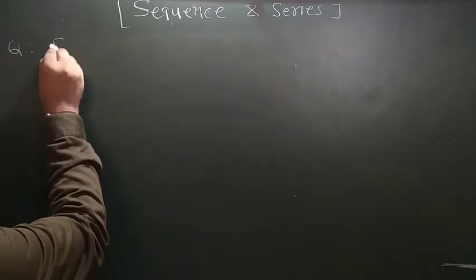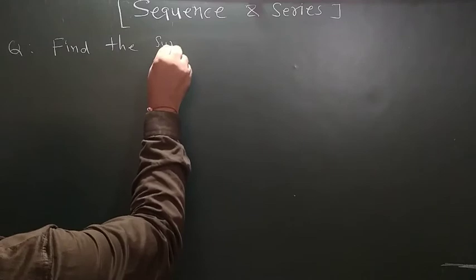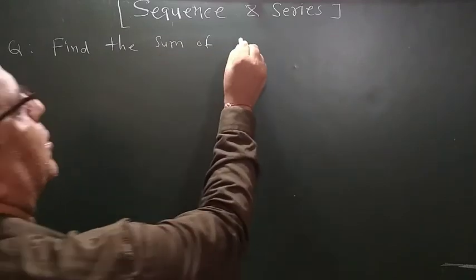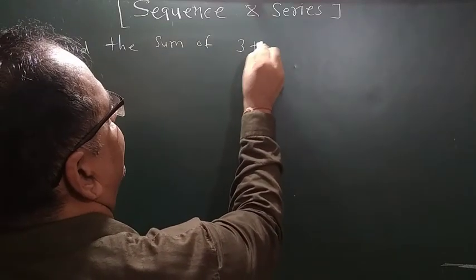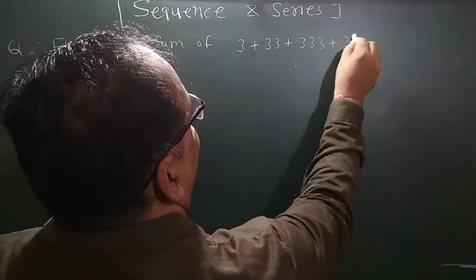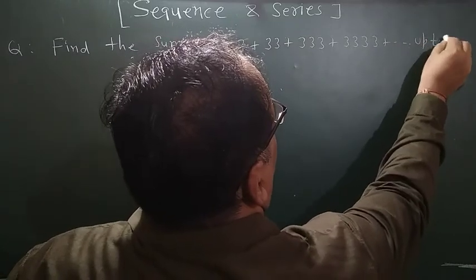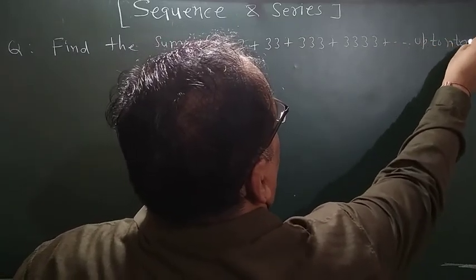Find the sum of 3, 33, 333 up to n terms.